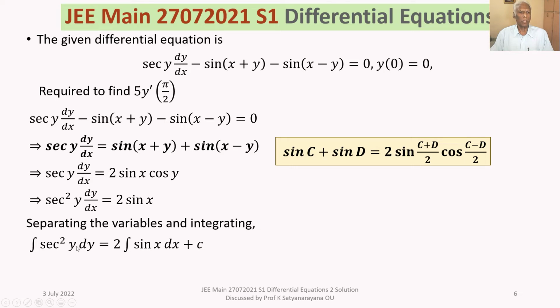Integral of secant square y is tan y, equal to 2 times integral of sin x, which is minus cos x, so minus 2 cos x plus c. This is the general solution, where c is the constant of integration to be evaluated with the help of the initial condition.